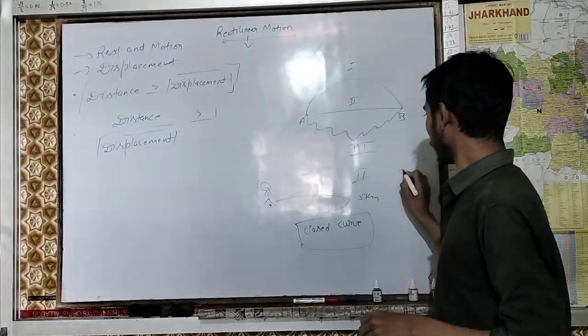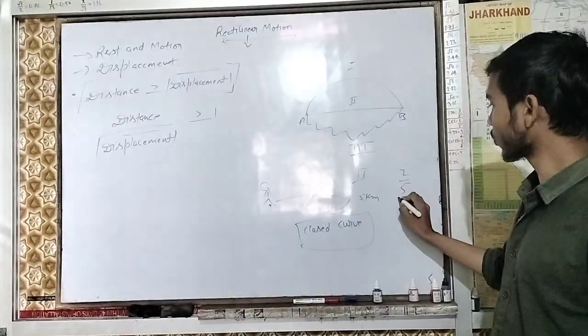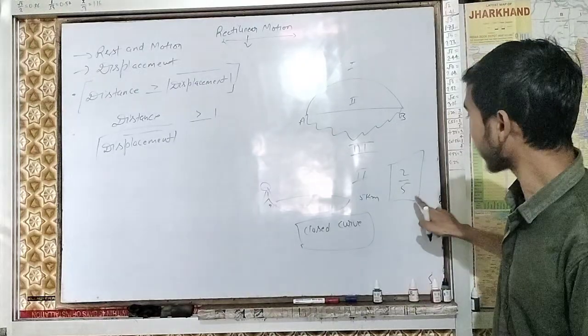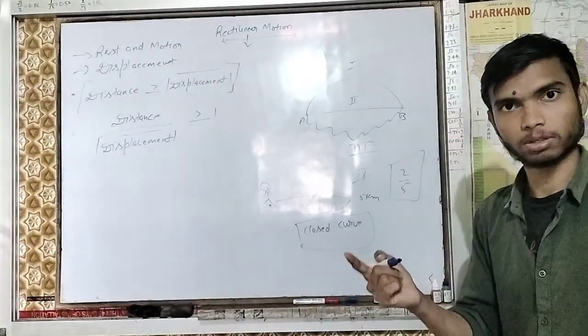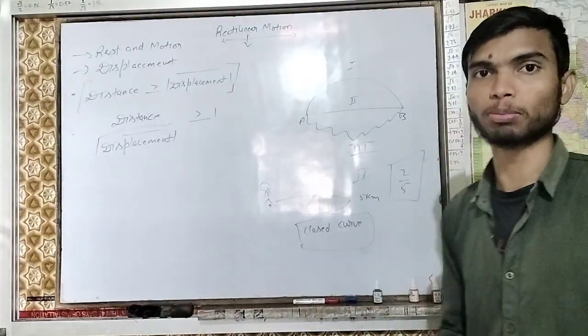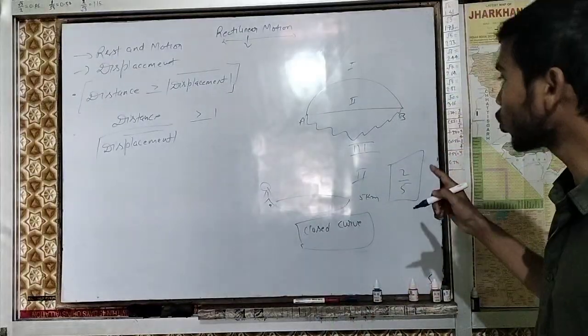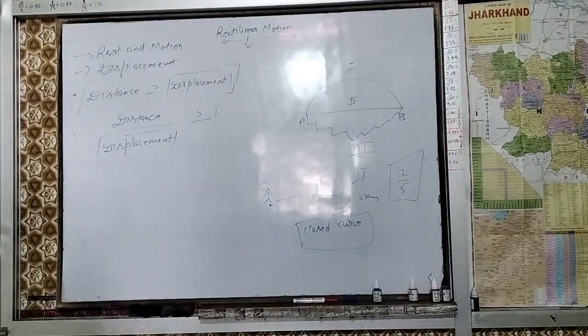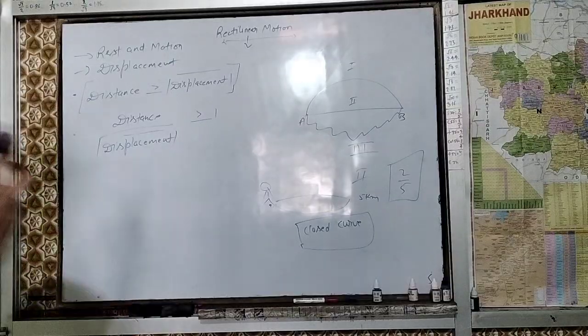For example, 2 by 5. Everyone can observe that 5, in the denominator, is greater, while 2 in the numerator is less than the denominator. Am I right?